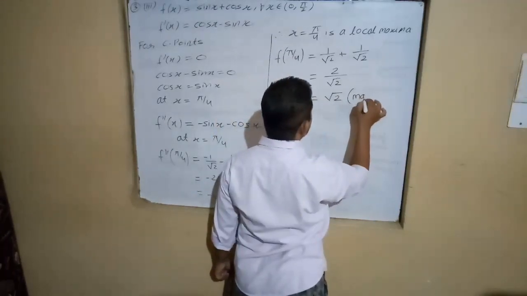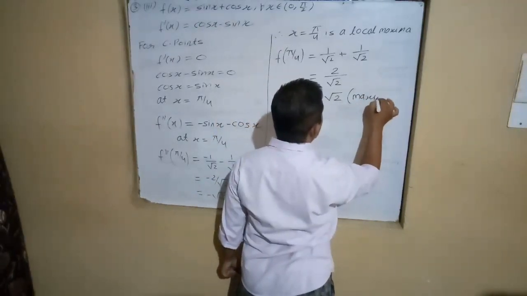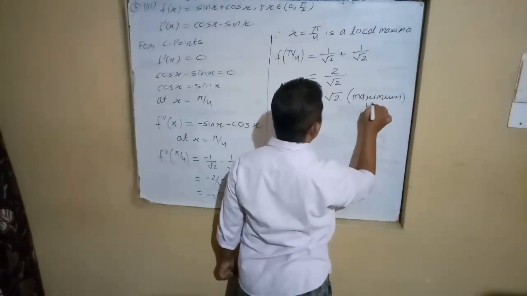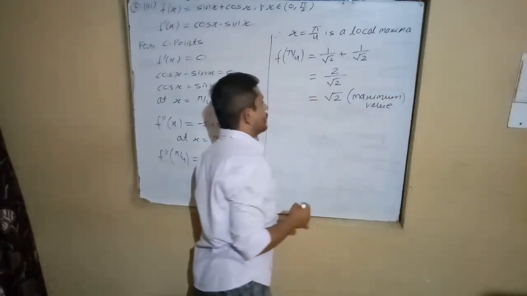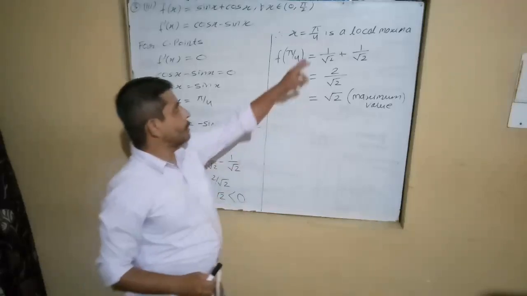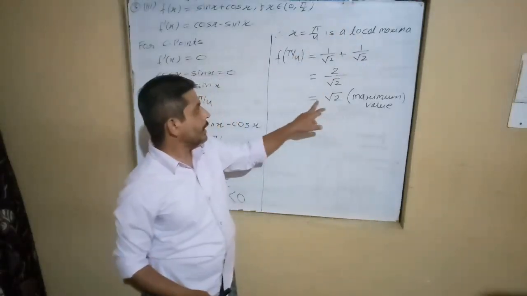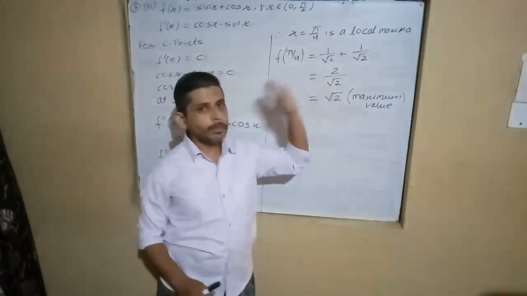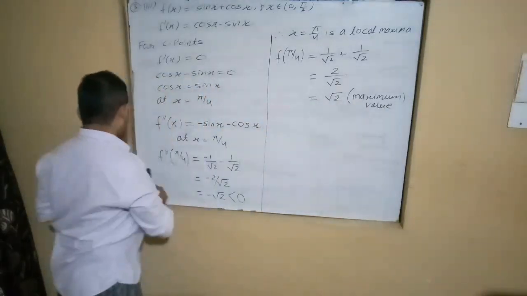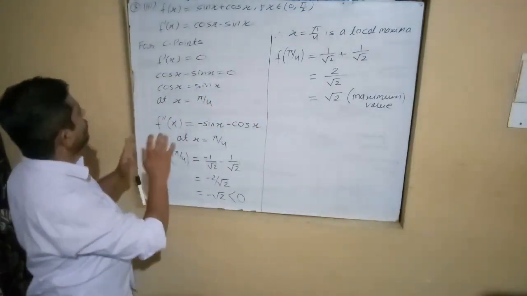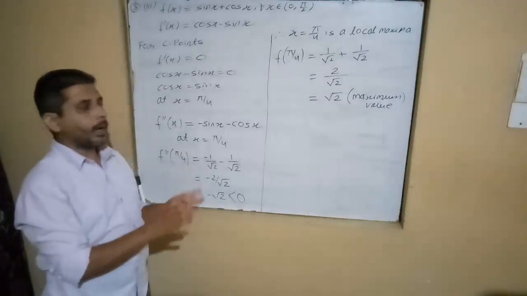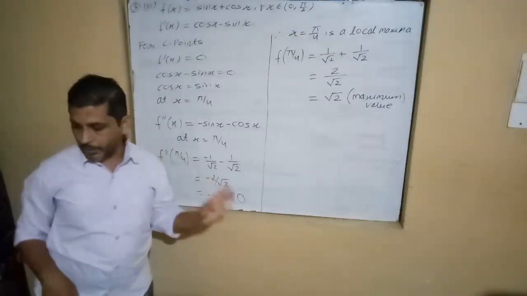It's a maximum value. This is our answer. x is equal to pi by 4 is a local maxima and root 2 is the maximum value. So clear? Similarly, all the questions you have to solve by the same method, applying the first or second derivative test.